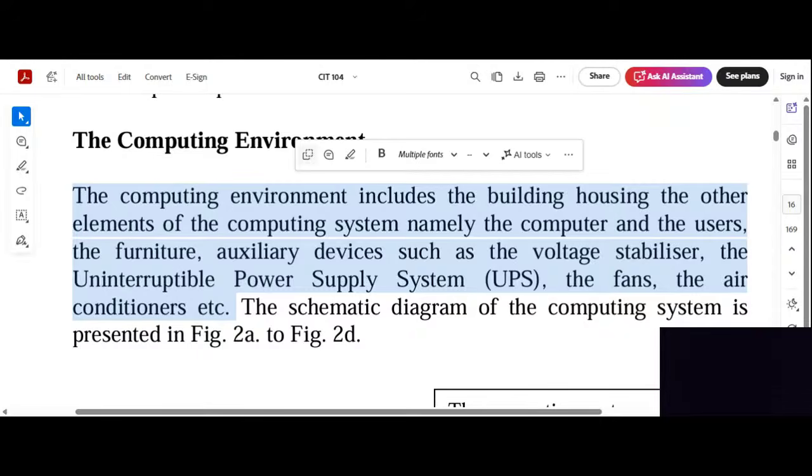A computer connected to the UPS, if NEPA just takes their own light, boom, the computer will still remain on. It will now be running on the power that is stored in the UPS. UPS stores electricity. So if the UPS battery is strong, it may serve the computer for maybe an hour. So for 1 hour you can continue using your computer even when NEPA has taken light.